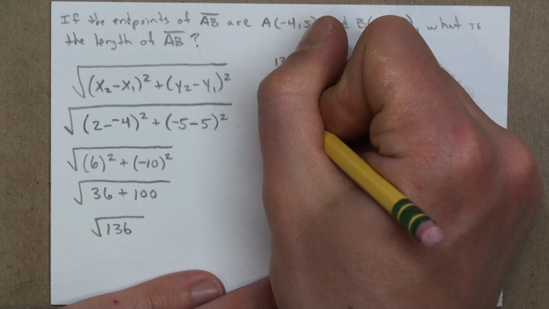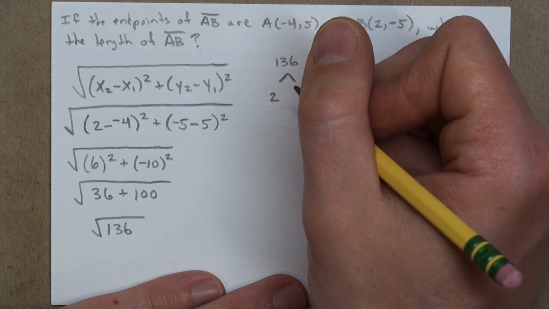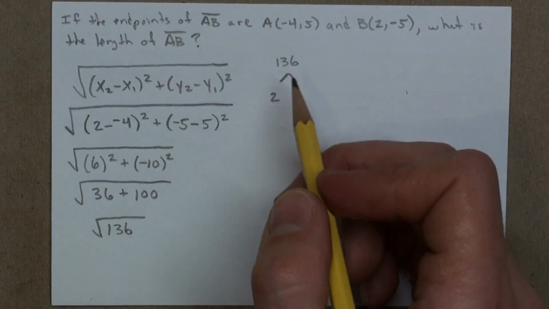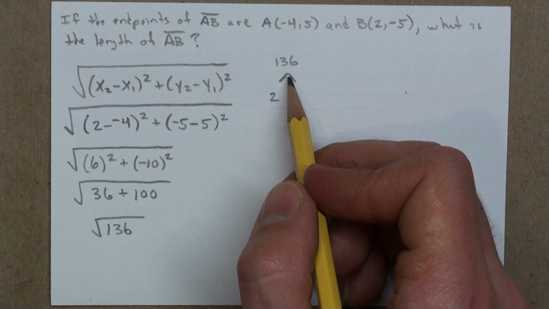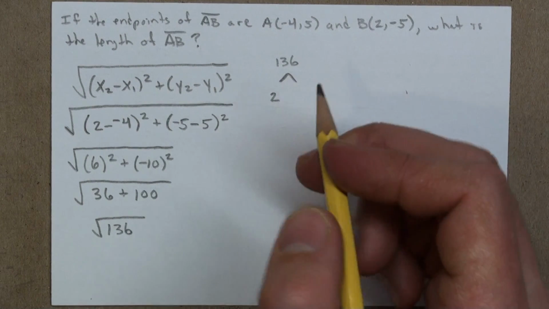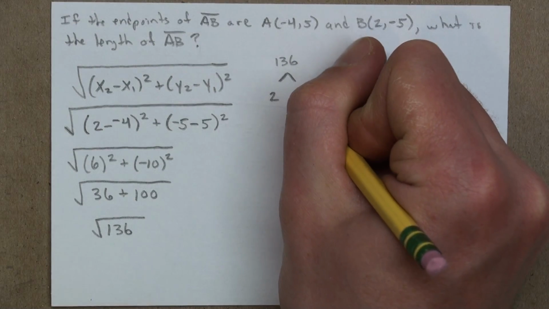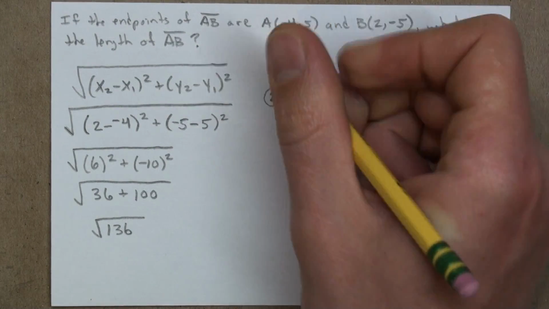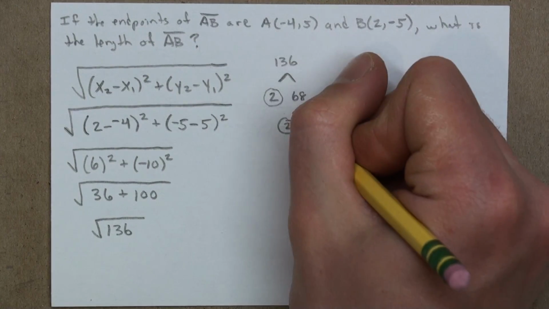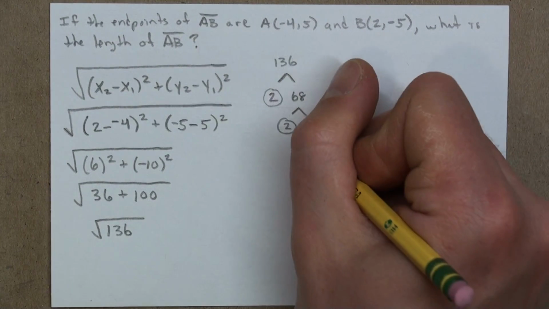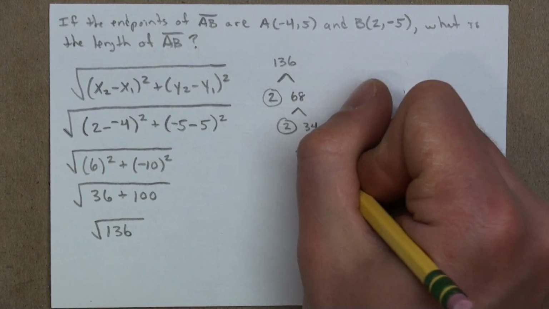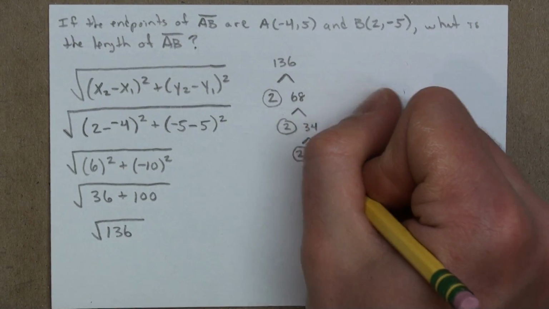And the factors could be 2, and that would break that into 2 and 68. 2 is prime, so I circle it. Now let me keep going. Another 2, and I would have 34. Let me keep going. 2 and 17. Now I have all primes.